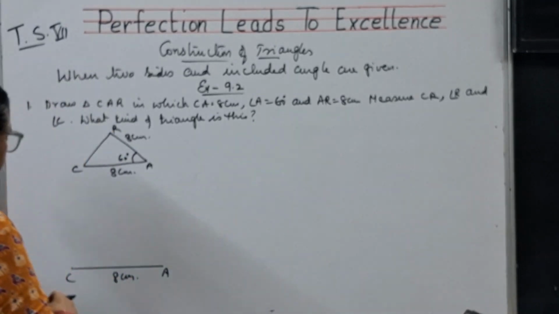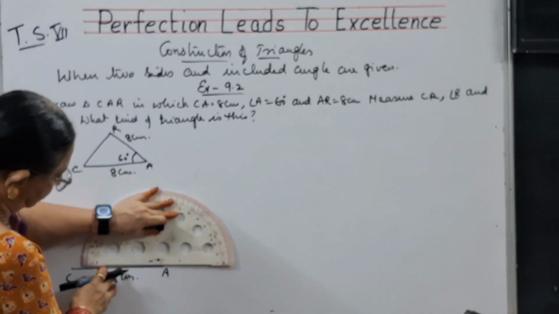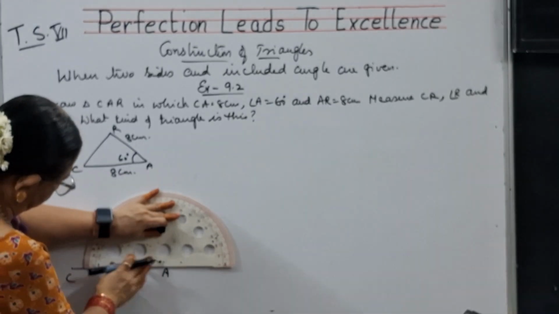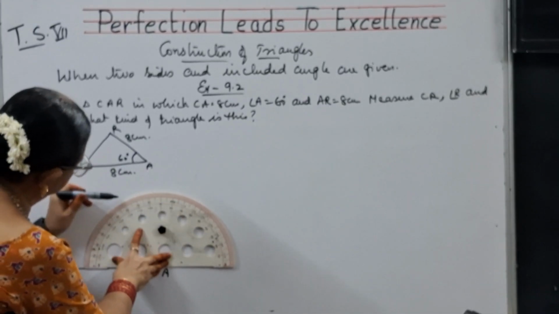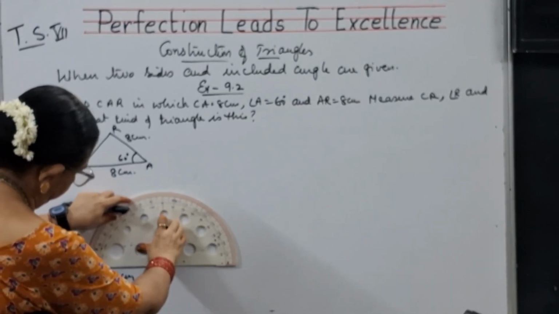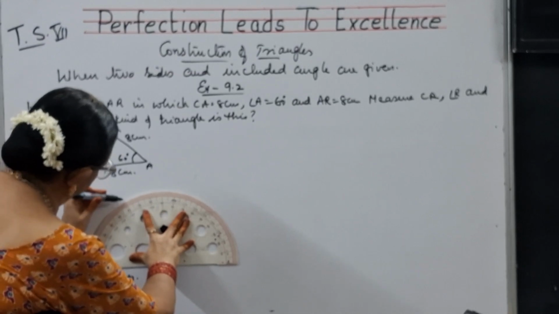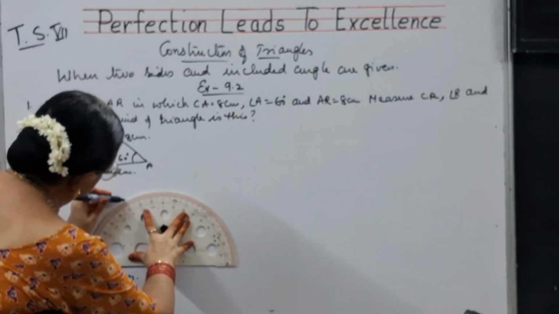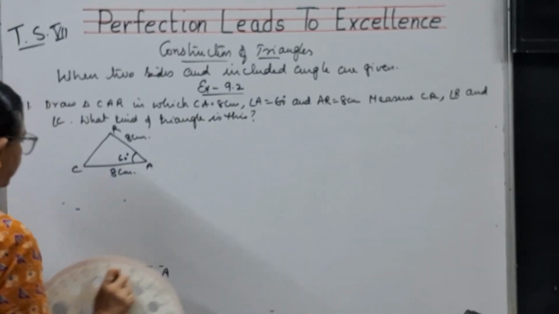So at A means I should take 0 from C, so that you have a clear understanding, children. So at A, 60 degrees means this is exactly the 60 degrees point, children.